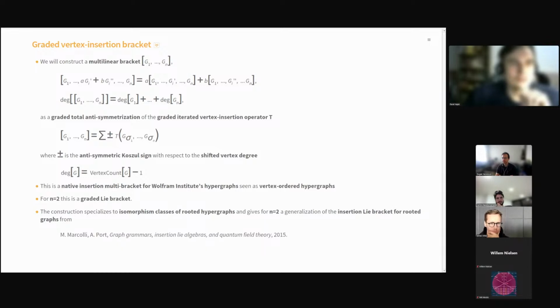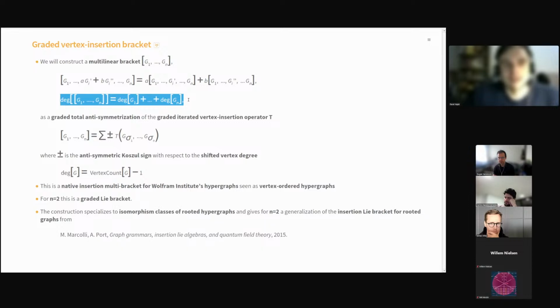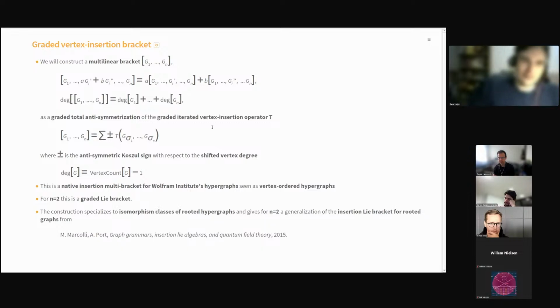You lose n minus 1 vertices during the gluing, so the vertex count of the result is the vertex count of the sum minus n minus 1. Then to get the degree you have to subtract 1, so it's minus n in total. So it's the vertex count minus n, which is precisely what you are getting on the right hand side. So you see that the degree relation holds.